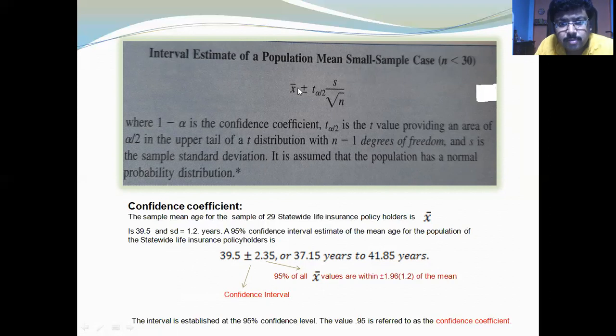So by using this formula, you can find the interval estimate of the population mean for a small sample.